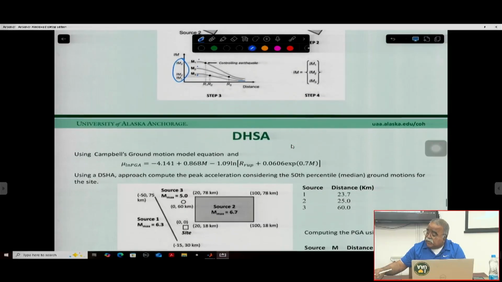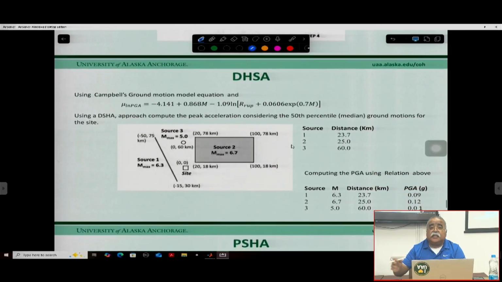Let's see an example like this one. Let us take a site with three source zones, 1, 2, and 3. Source number 1 is a line source, this is the area source, and this might be a point source.